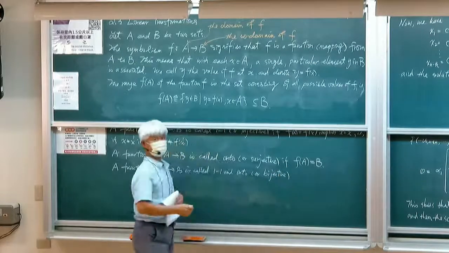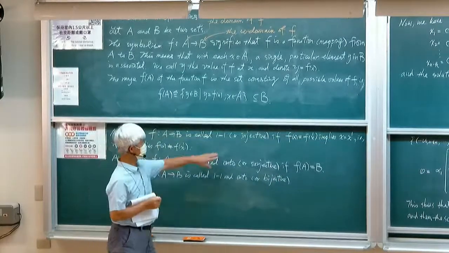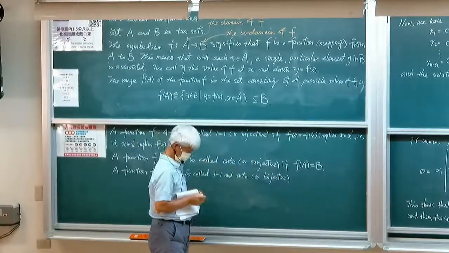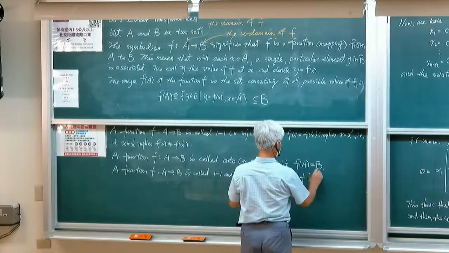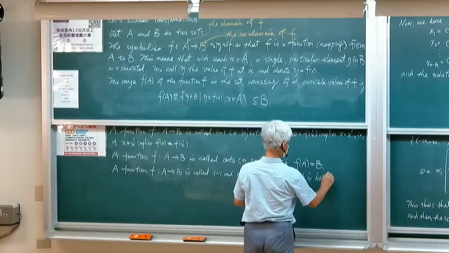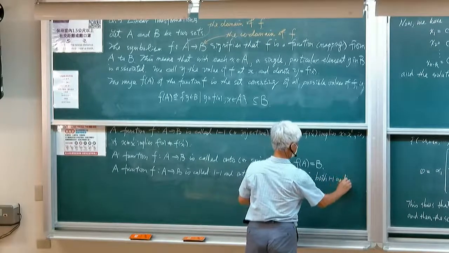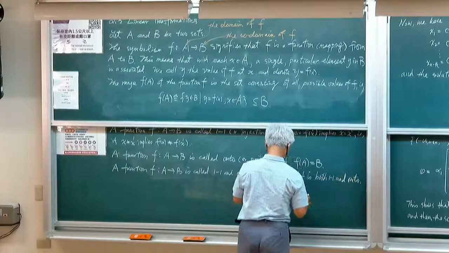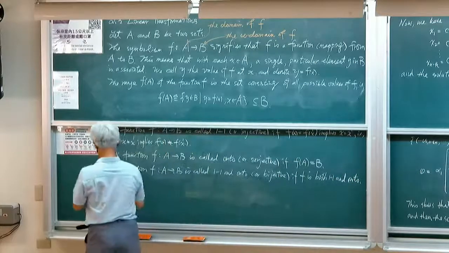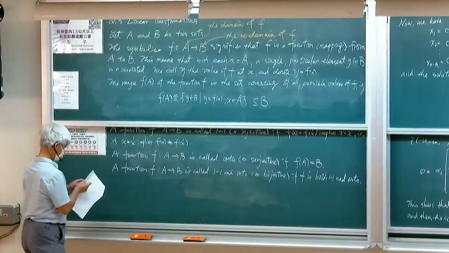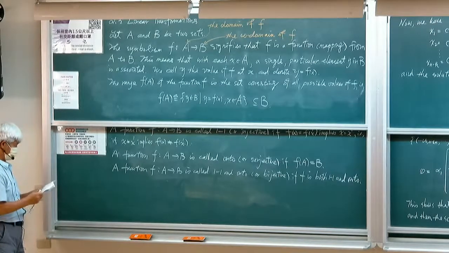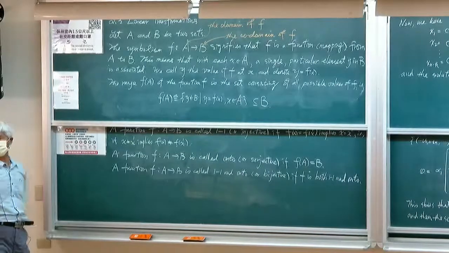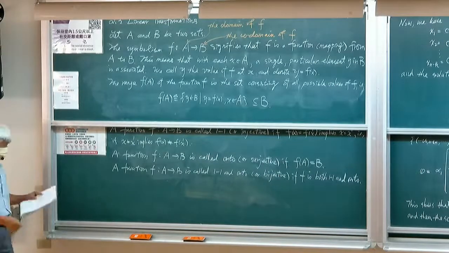So bijective is the combination of injective and surjective, if f is both one-to-one and onto. Okay, so these are some properties.